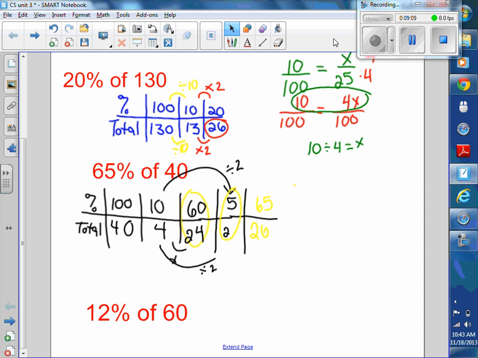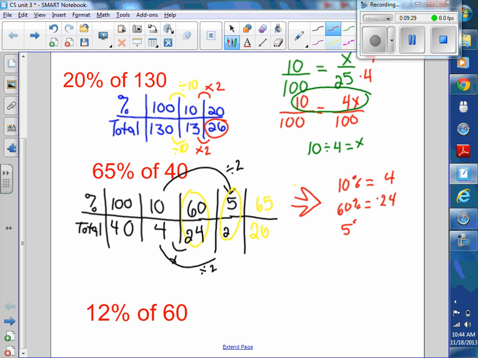So you have to show it to me somehow. So if your work looks different, where you do 10% equals 4, and 60% equals 24, and 5% equals 2, and 65% equals 26.